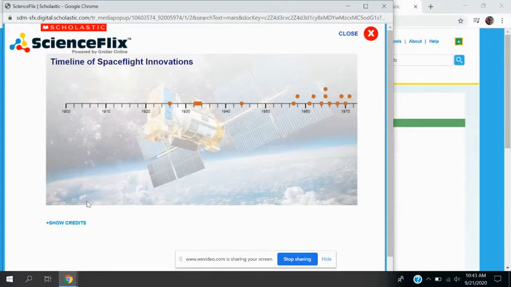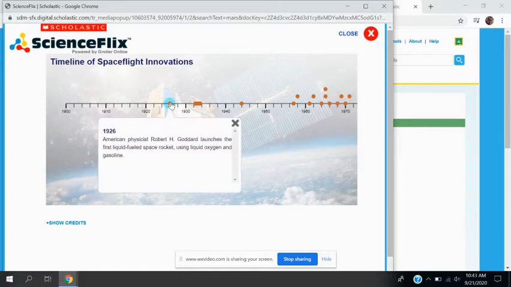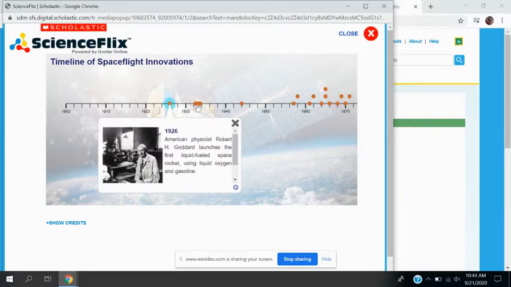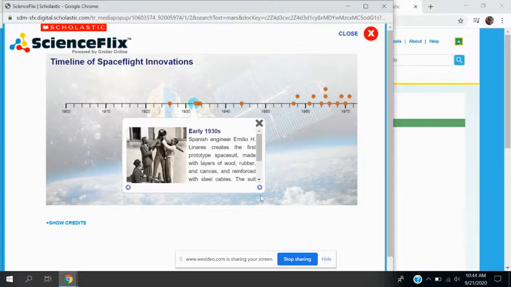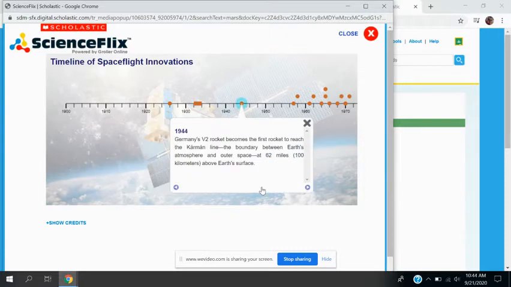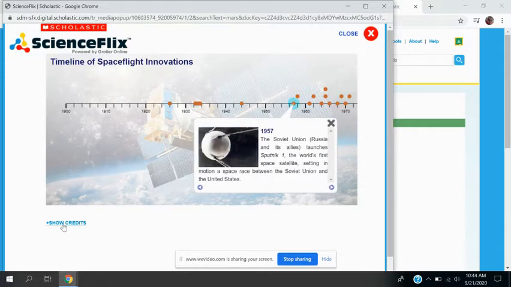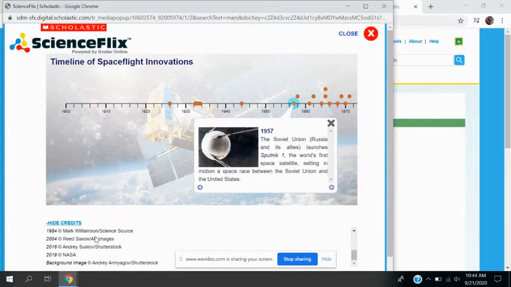So if you want to do the timeline of space flight innovations, you click on it, you get information. You can have it play, and it'll click through, scroll through the next ones. And what is even better about this is if you find information on this particular resource, it gives you the credit. So it gives you information about where all these pictures came from.